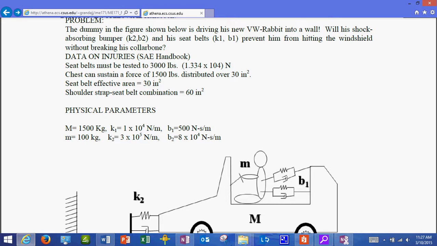You cannot exceed the chest force of 1,500 pounds. The shoulder and seat belt combination is 60 inches squared.